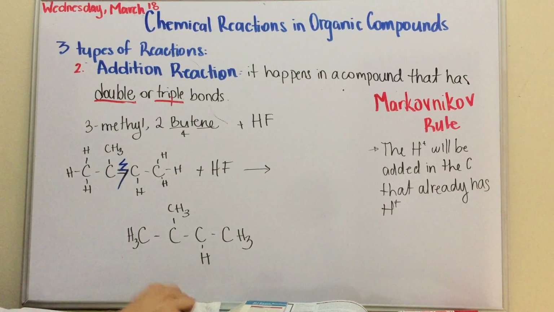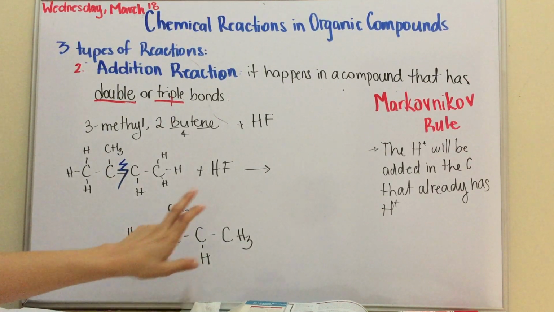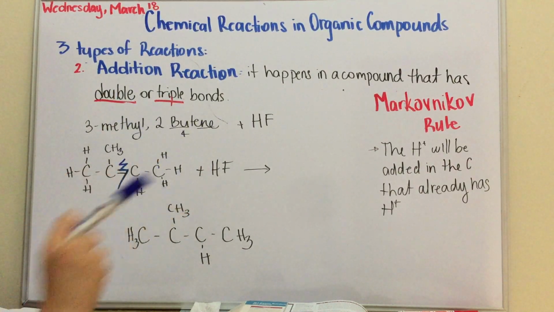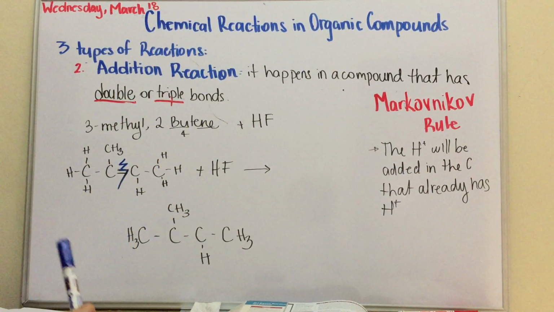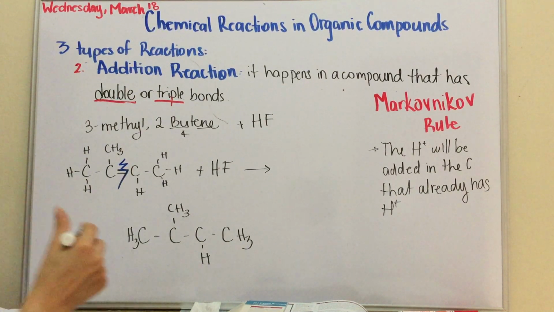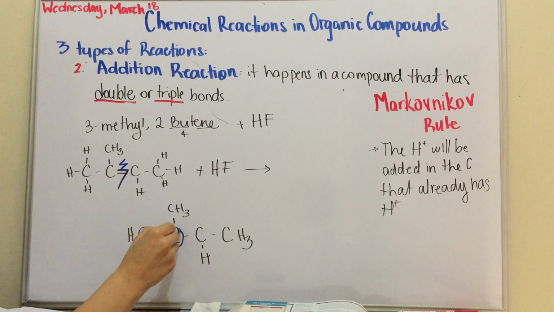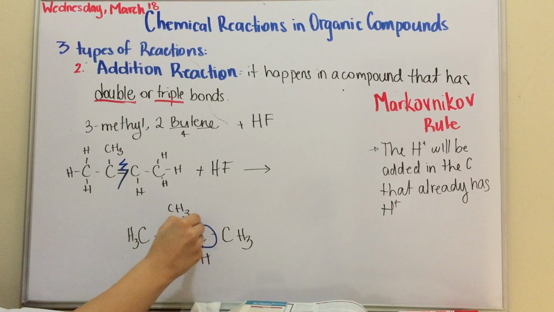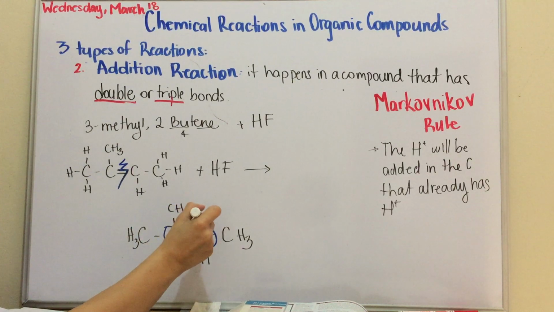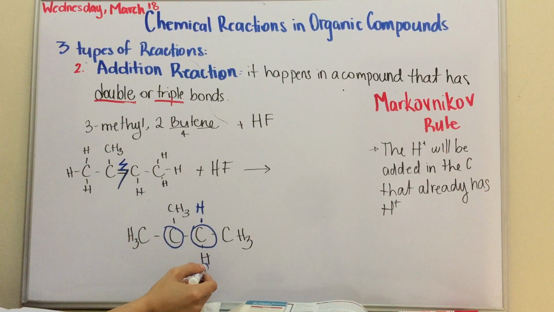Alright, so I eliminated my double bond and I need to add a hydrogen and a fluorine. And Markovnikov's rule says that the carbon with the greater number of hydrogens is going to get the hydrogen. So I have this carbon and this carbon where I can add hydrogen and fluorine. Here, I'm going to add my hydrogen. Why? Because this one already has a hydrogen.